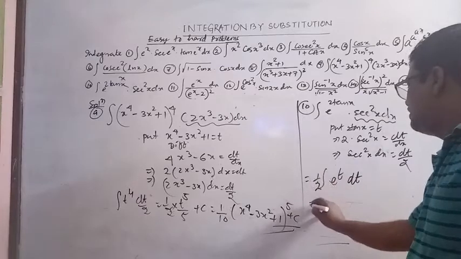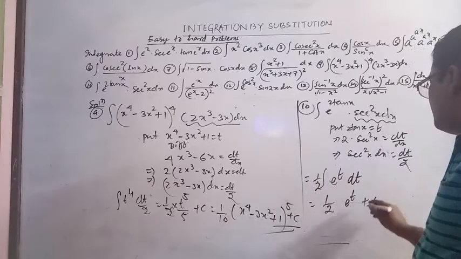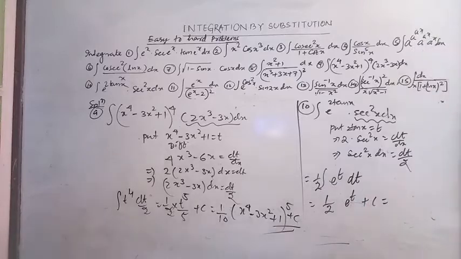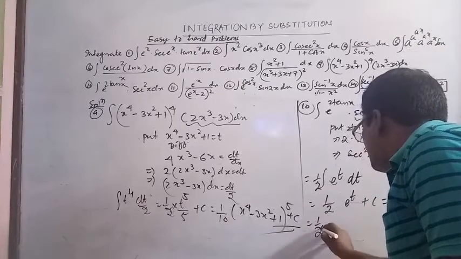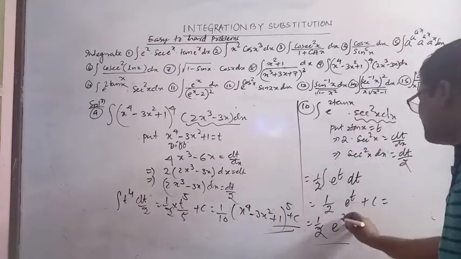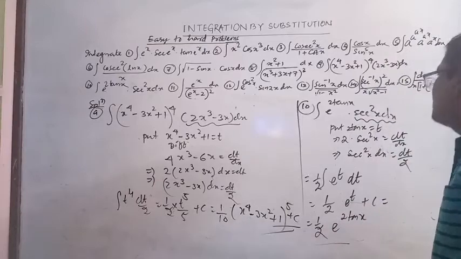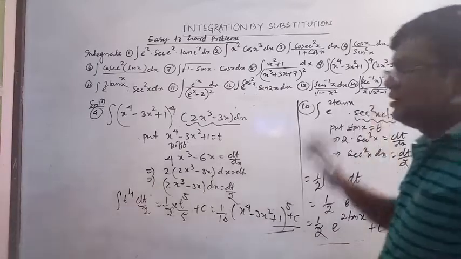So what is here? 1 by 2 e to the power t plus c. T means 2 tan x. So the answer is 1 by 2 e to the power 2 tan x plus c. This is the answer of question number 10.